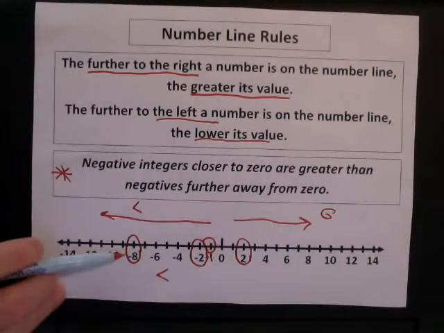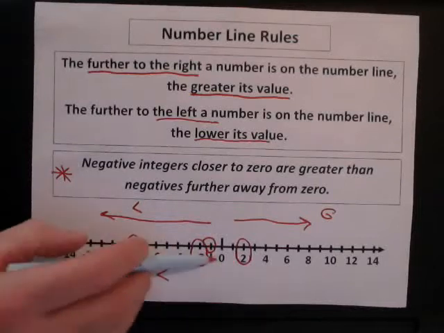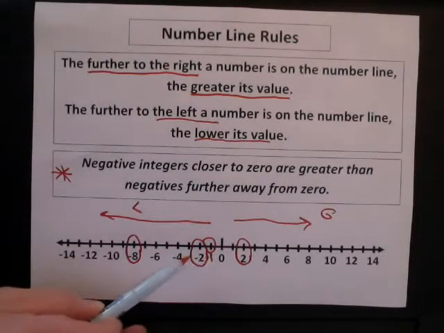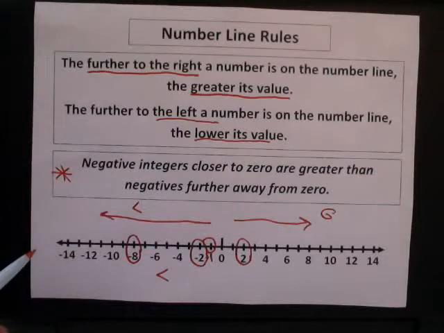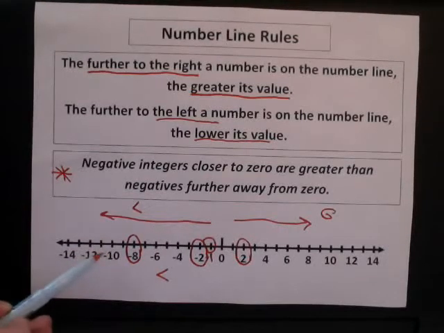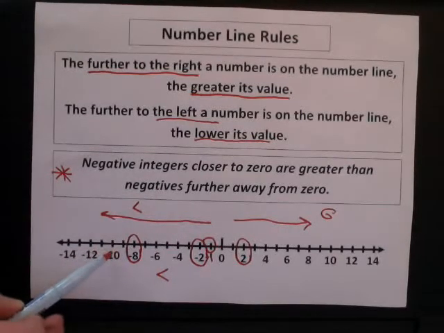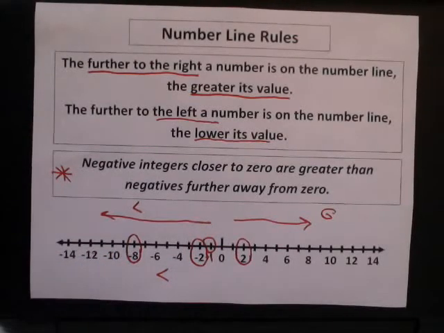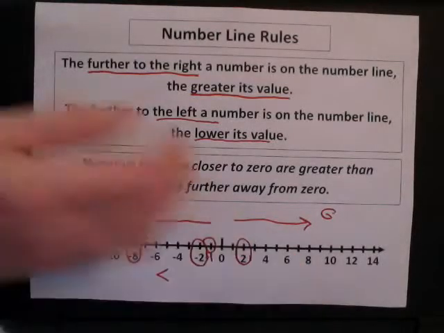So remember, the closer a negative is to 0, the greater its value. The further away from 0, the lower its value. So you can compare negative to negative, but you just have to remember the relationship on the number line to 0.